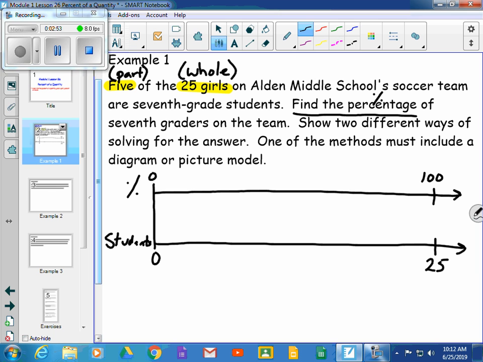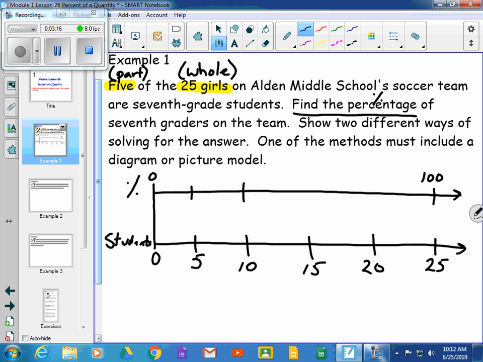Now, we have to think, what can we divide 25 into in order to have 5 as one of the tick marks? Well, we can divide it into 5 equal pieces. And 25 divided by 5 would be 5. So that means our interval is 5.